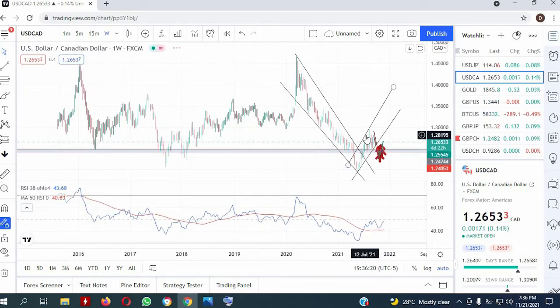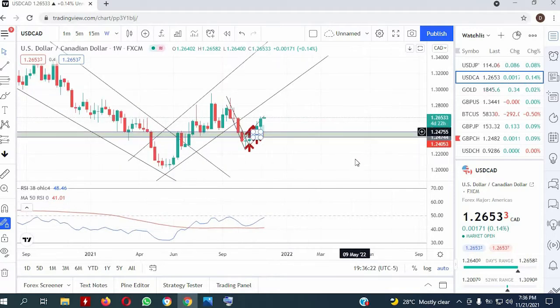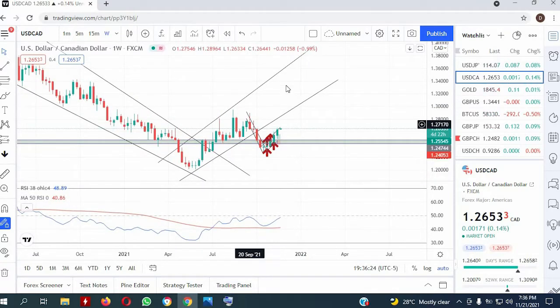The USD CAD is trying to break back into this up move.